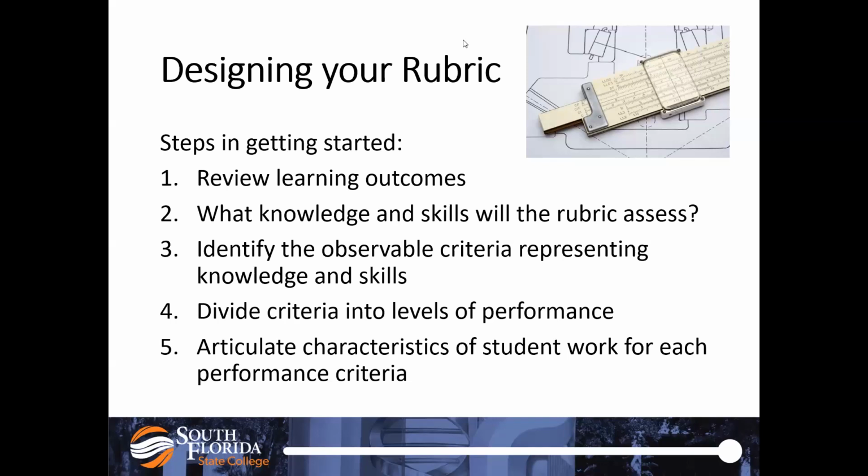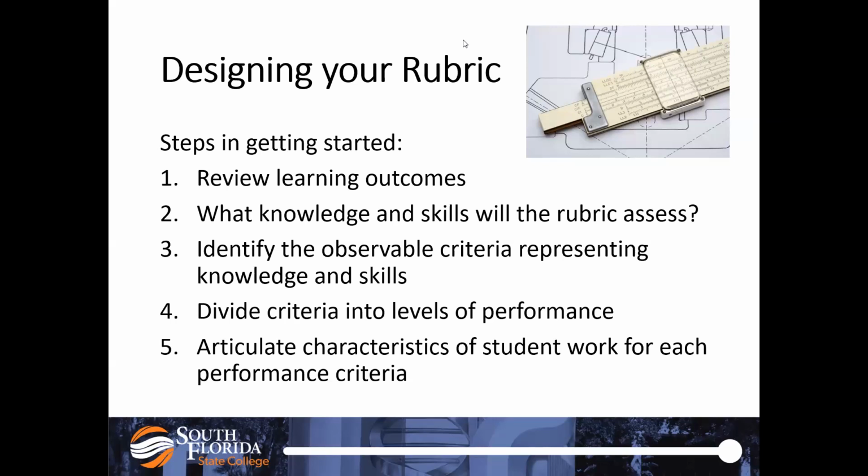So let's go into, and I'm going to focus just on the analytic rubrics at this point, designing your rubric, and I'll show this in another slide with an actual rubric so it's a little easier to follow visually. But my recommendation is you first start reviewing your learning outcomes. I know you do that already, but start looking at your course level, program, whatever you have as your student learning outcomes.